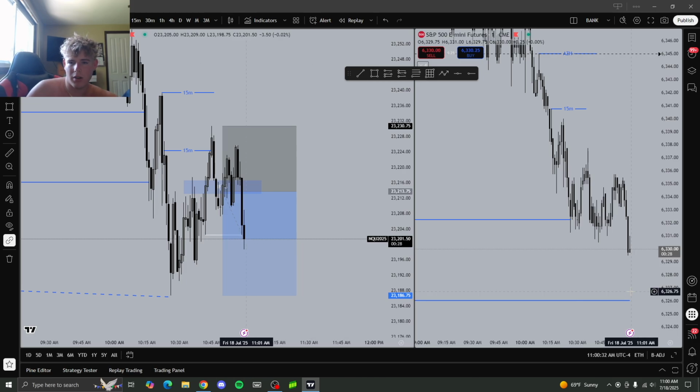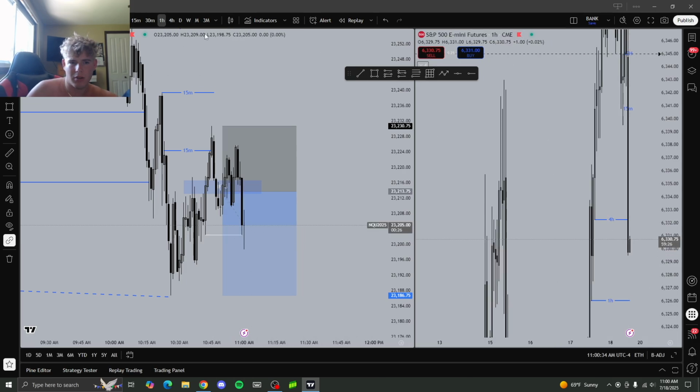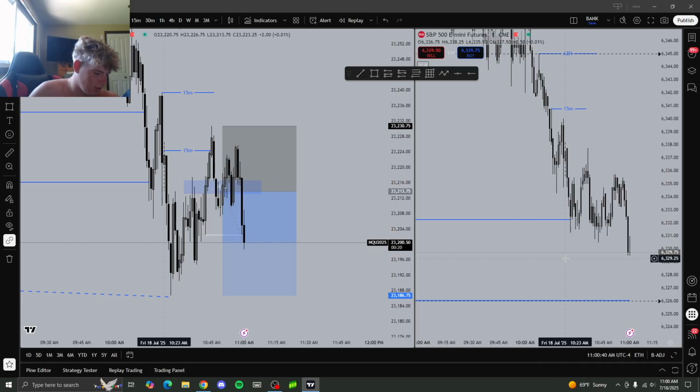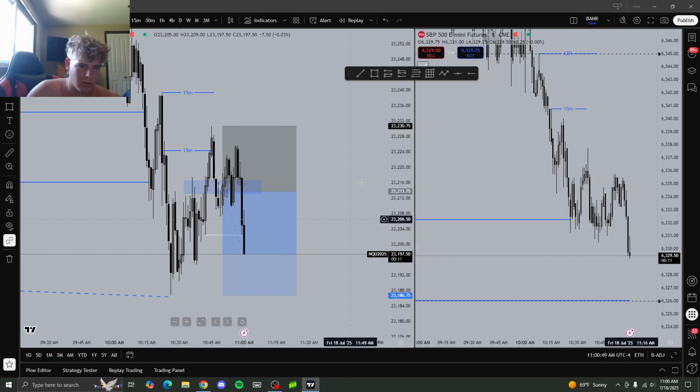If they hit this low though, which I believe is that hourly, then I will close if they hit it before us. So I will add this alert here in case that happens. I believe we have hit this 1-1 point, but I do have strong conviction that we will draw to this low.